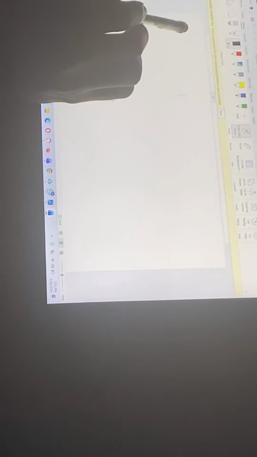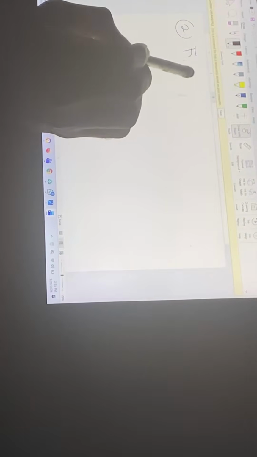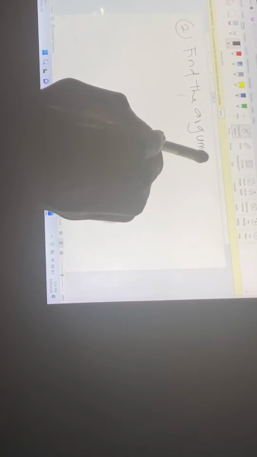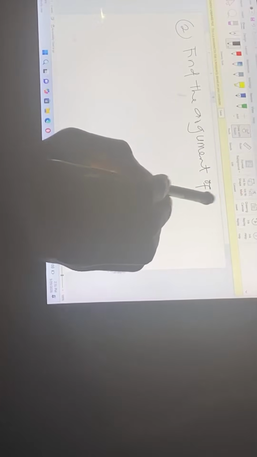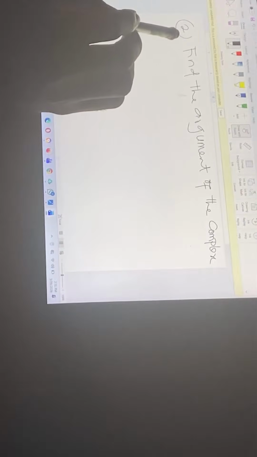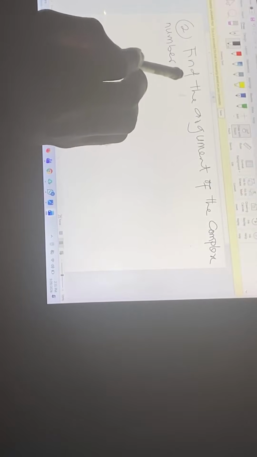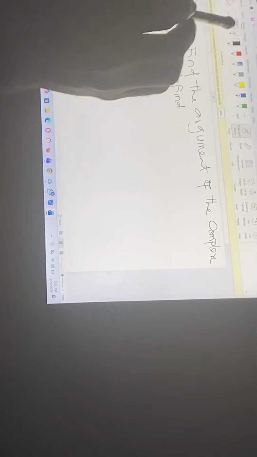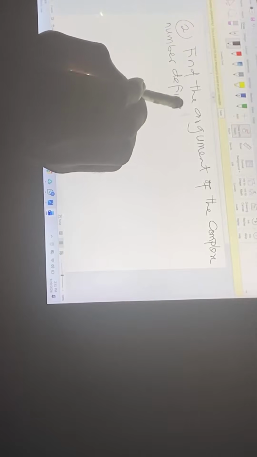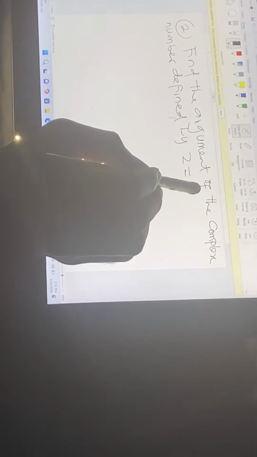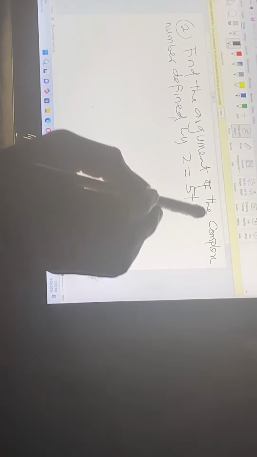Okay, the next thing here, they said question 2: find the argument of the complex number defined by z equal to 5 plus 3i.